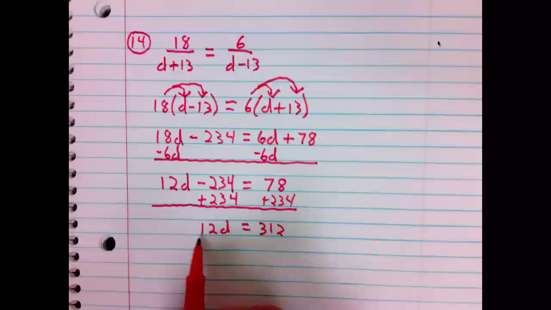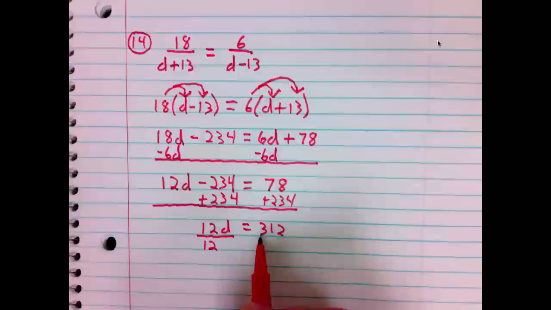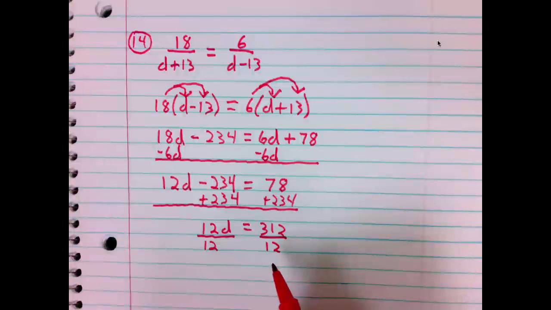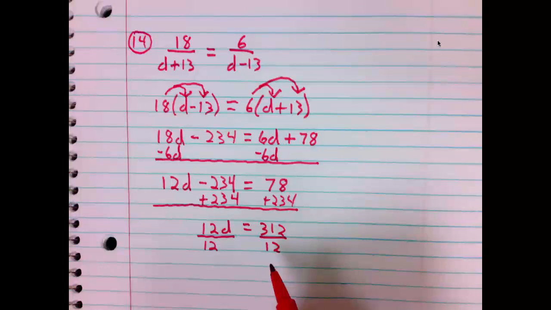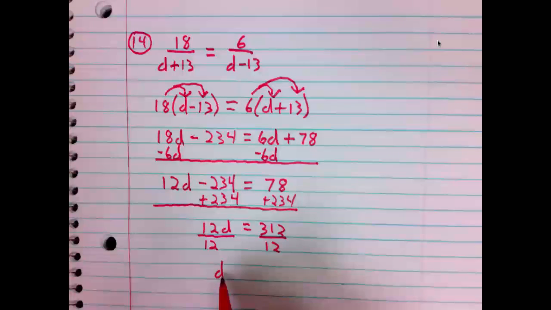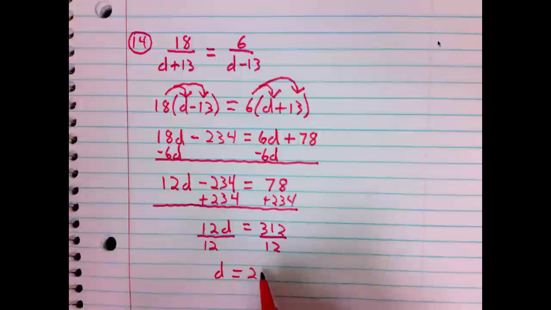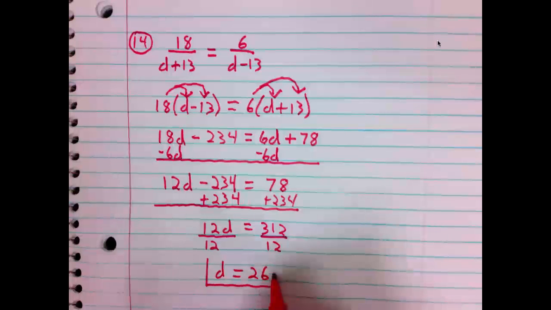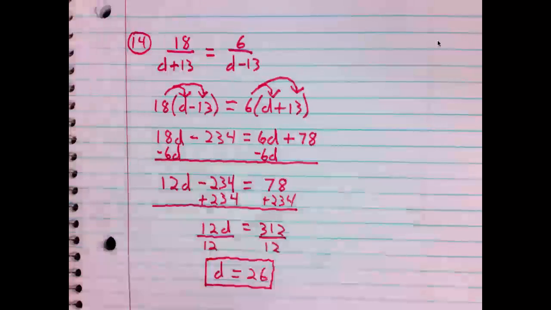Dividing by the coefficient 12 on both sides, d equals 26. I will leave the substitution to you in this instance.